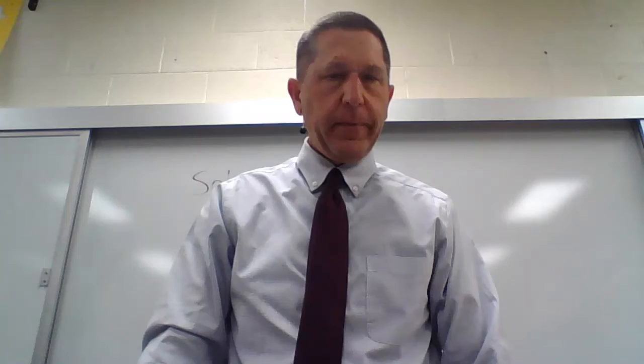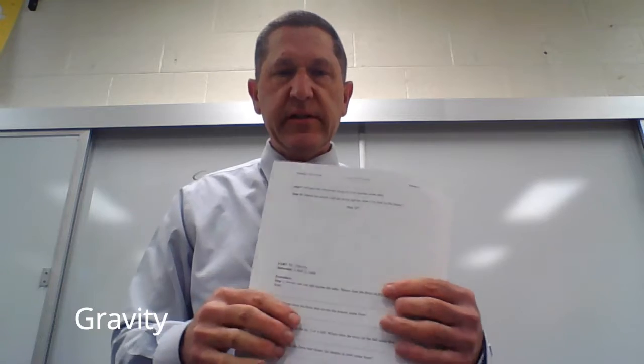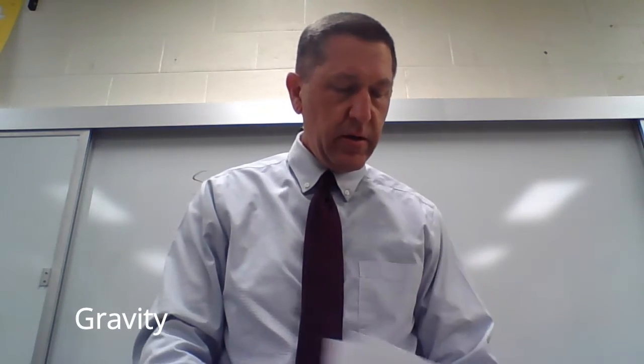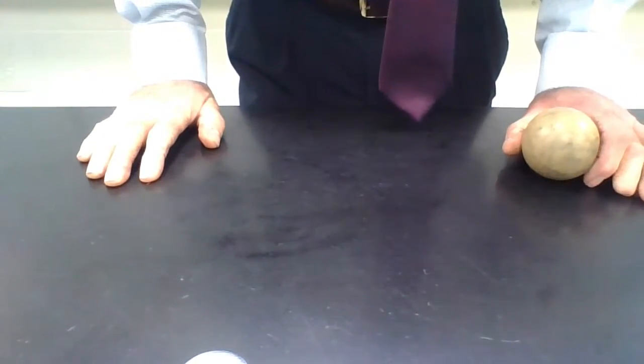Okay. We're on Solar System Activity, Part 6, Gravity. Step number 1 says slowly roll a ball across the table. Go like this. Where does the force from the ball come from?